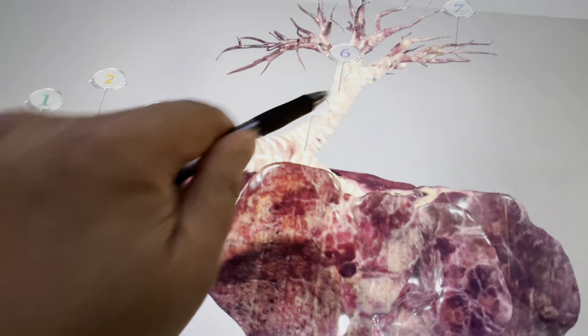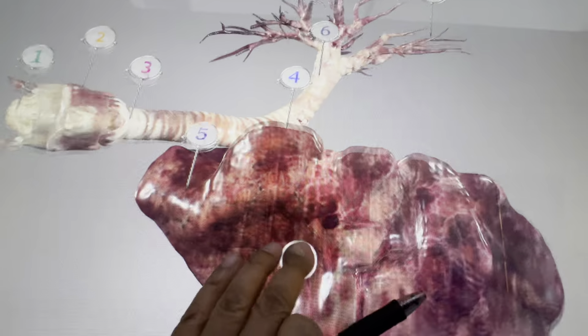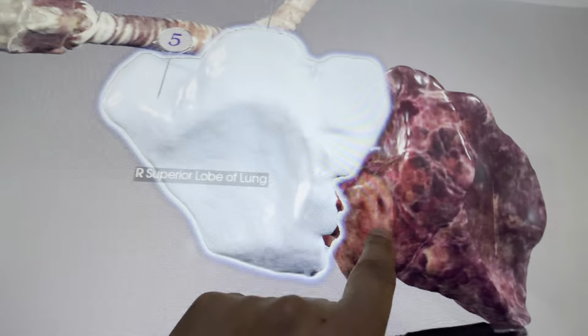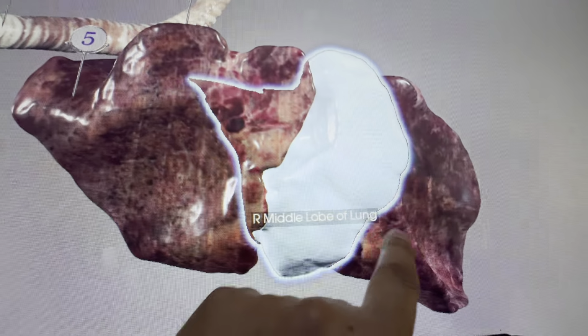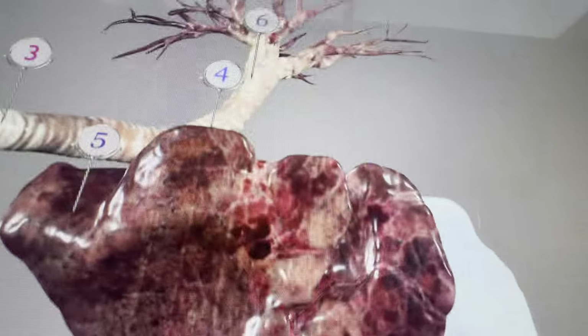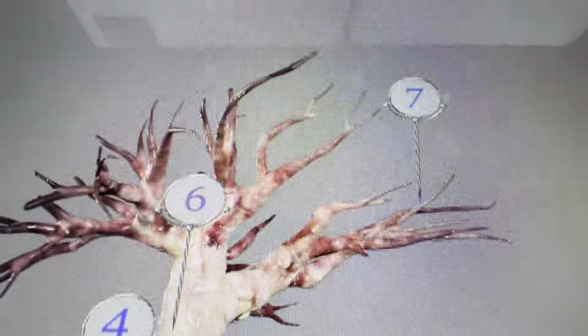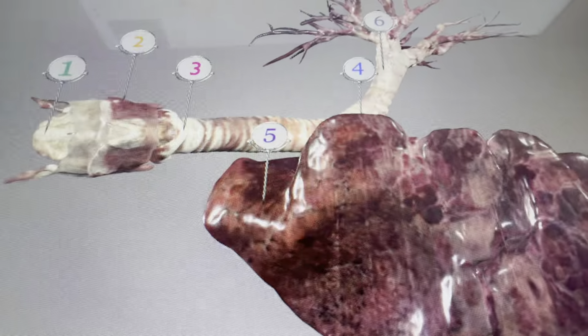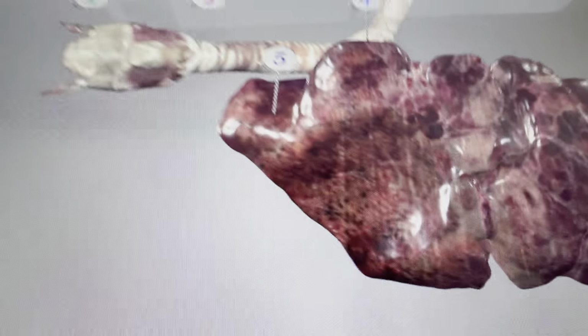Number 6 is, of course, left, because if I'm looking at this, this one has 3 lobes, and the other one has 2 lobes. You can't see the cardiac notch because we took it all out. And number 7, of course, bronchioles, but, you know, not really responsible for 7. Know the difference between left and right.